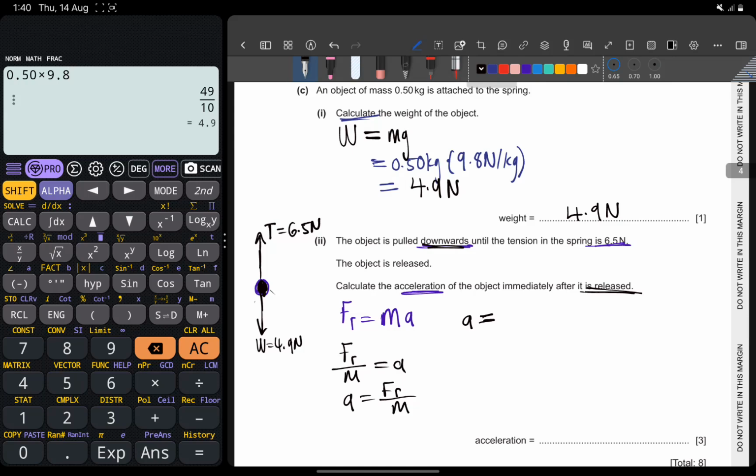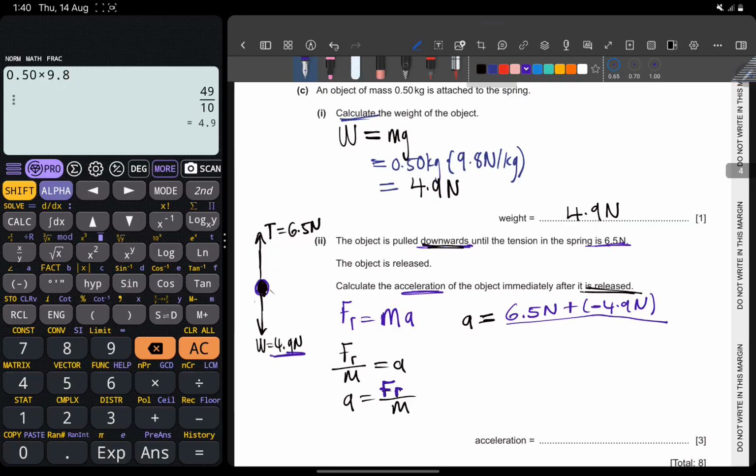And when you have a force facing up and down, the one facing up is positive and the one facing down is negative. So remember, for the resultant force you're actually going to add, but all negative forces will end up subtracting. Because the weight is facing down, it is negative, so it will end up subtracting. So it's actually 6.5 newtons plus negative 4.9 newtons, and this is all over the mass.